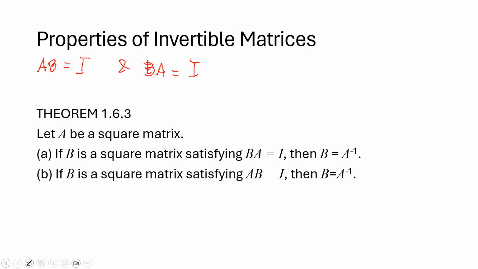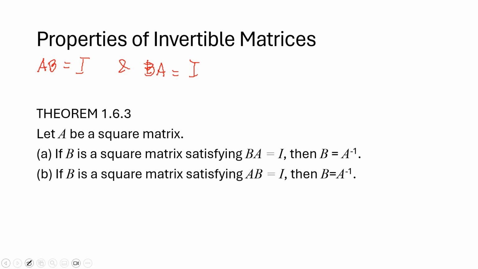Theorem 1.6.3 shows that if we produce a square n by n matrix B satisfying either condition, then the other condition holds automatically.